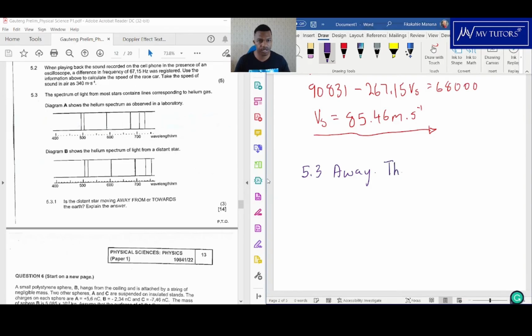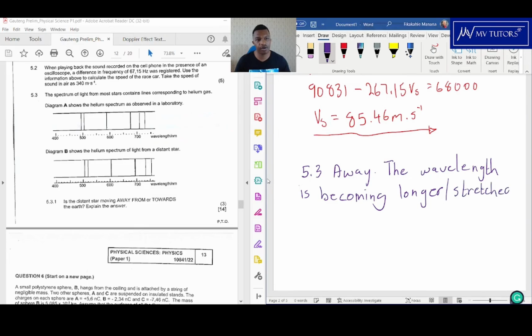Okay, so let's put that down. The wavelength is becoming longer. It's becoming longer or stretched. You can put stretched.